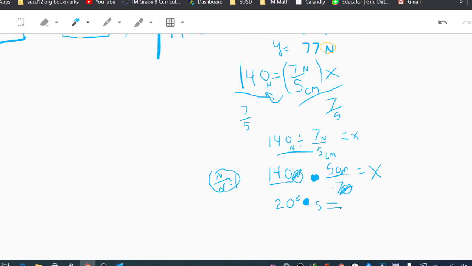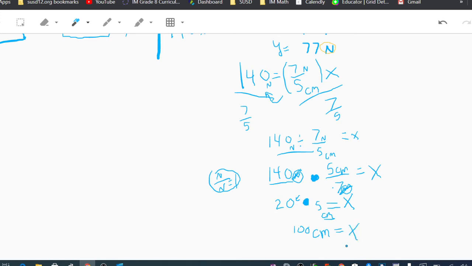Okay, so anyway, 20 times 5 centimeters equals x. Twenty times 5 equals 100. And we have these units in centimeters. Keep your units there. Show me the units, because that's how you know you've got the correct answer.